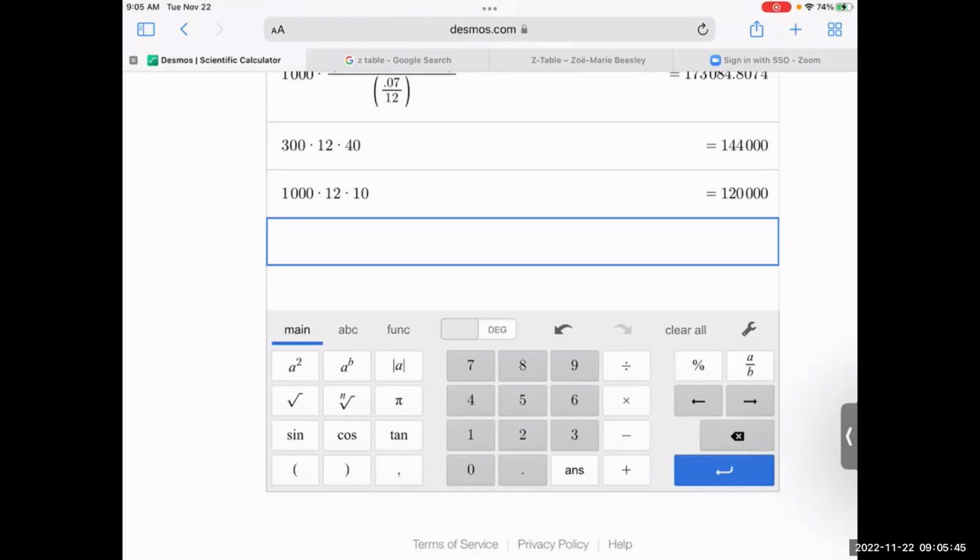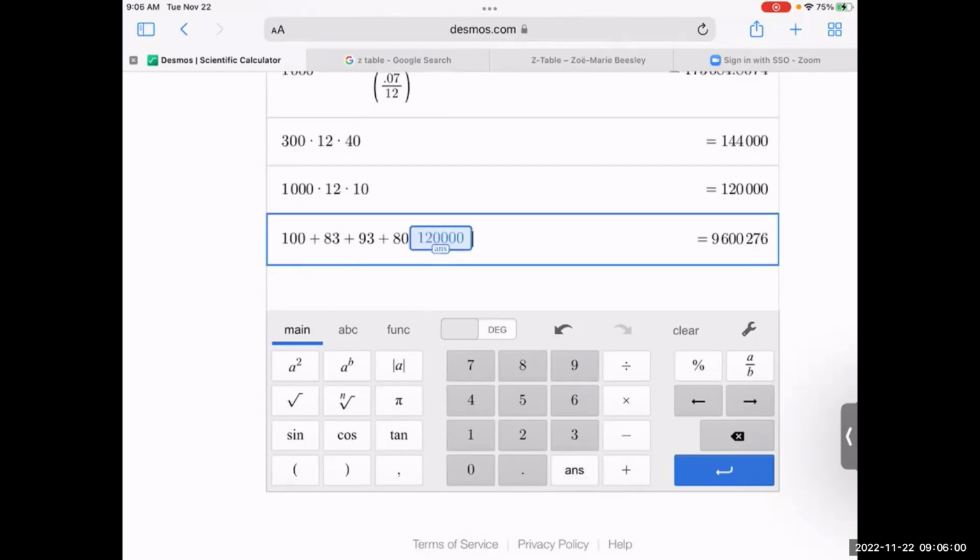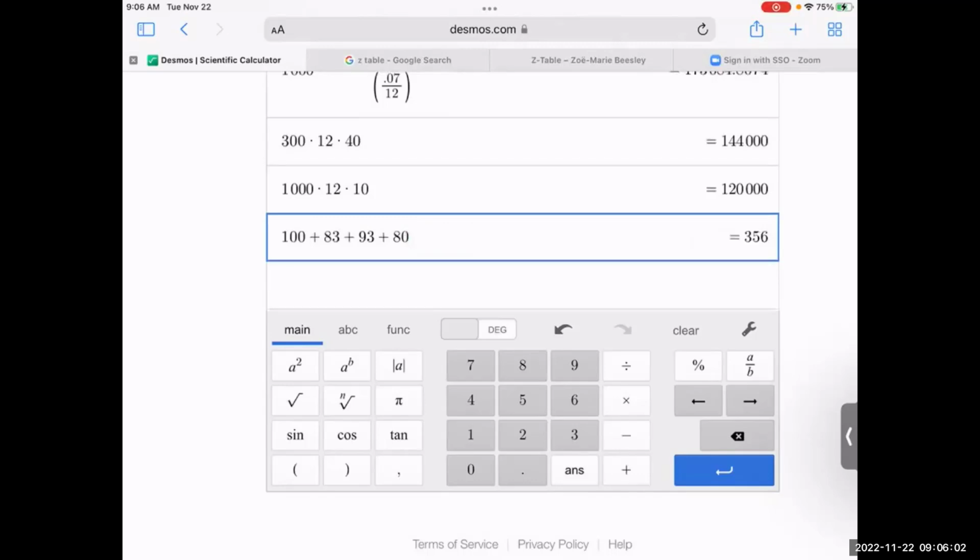So the numbers are 100 plus 83 plus 93 plus 80, plus 79. So the total is going to be 435, right?